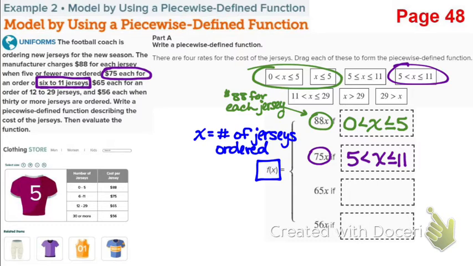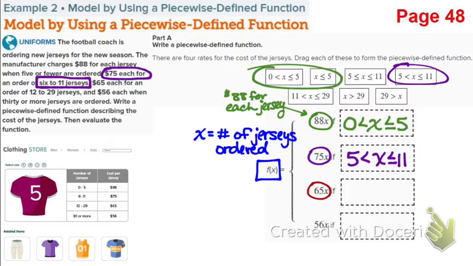What about 65x? What does that mean in context? Explain that to me in the story. What does 65x mean? We're going to pay $65 per jersey if we get between 12 and, I'm sorry, I just didn't hear the last number. 12 and 29.